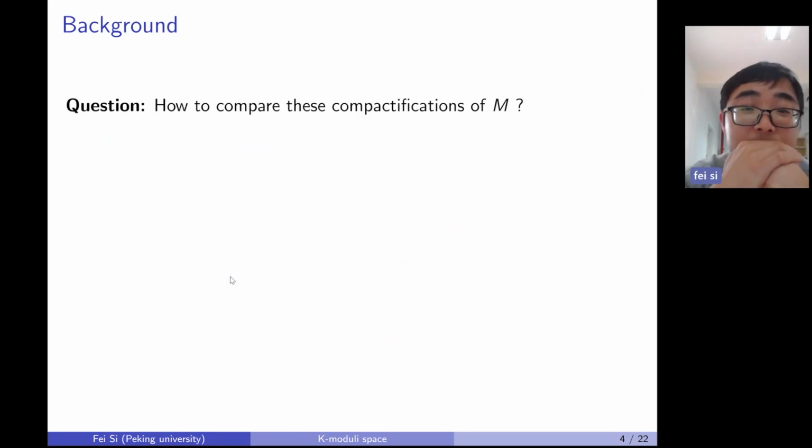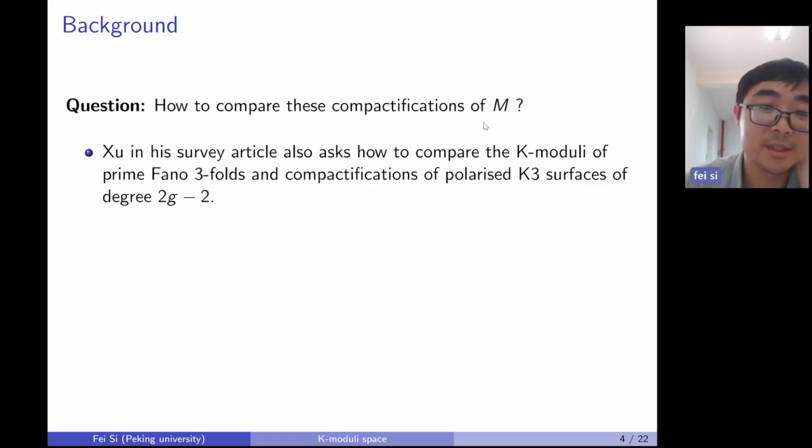So the question we care about is: how do we compare these compactifications for our moduli space of K3 surfaces with additional structures? Actually, this question was asked by Xu in his survey article for the moduli space of primitive Fano threefolds. These are the examples in the first slide.